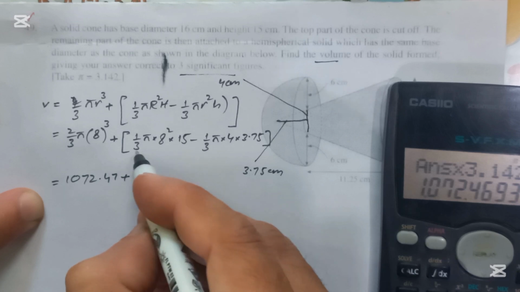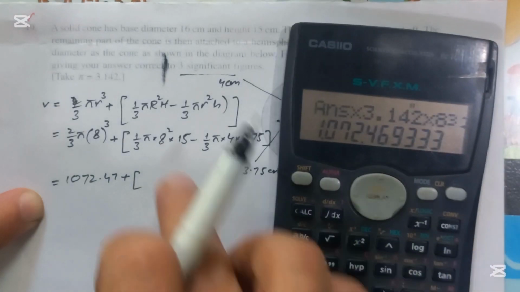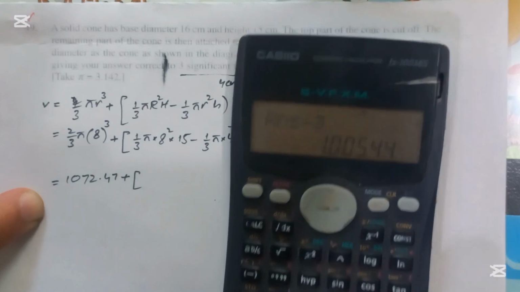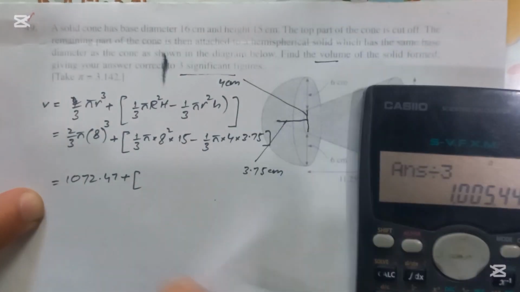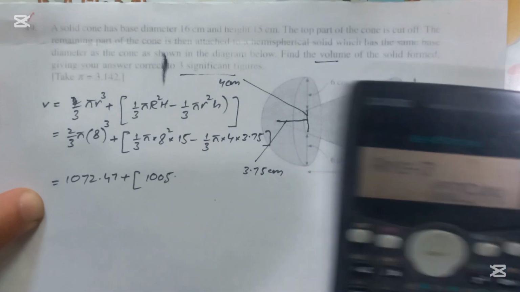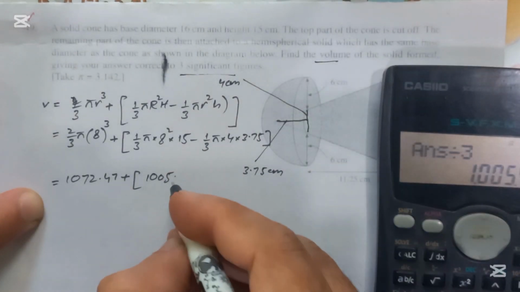Plus, now solve this factor, 15 multiplied by 8 square, 8 square will be 64, multiplied by 3.142 divided by 3. This is 1005.44.